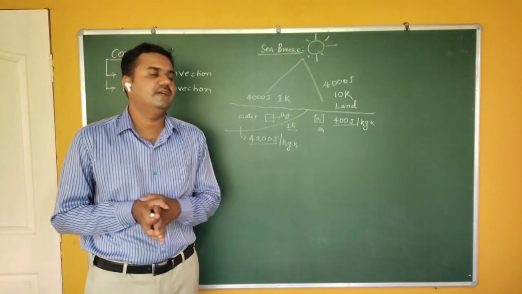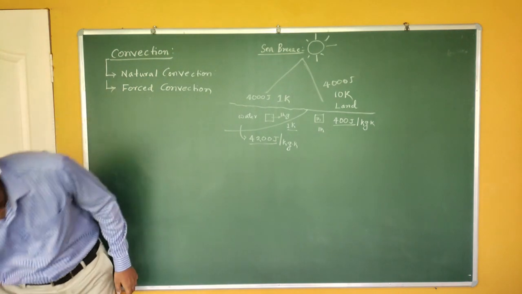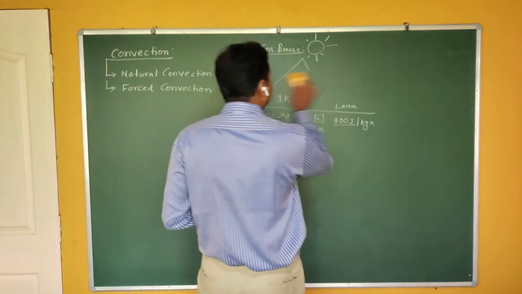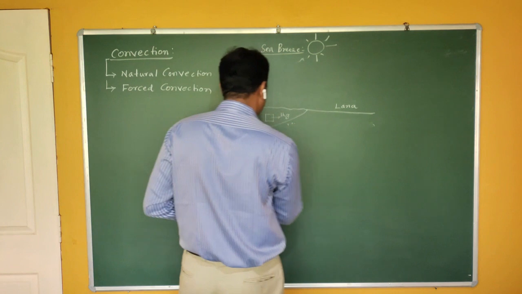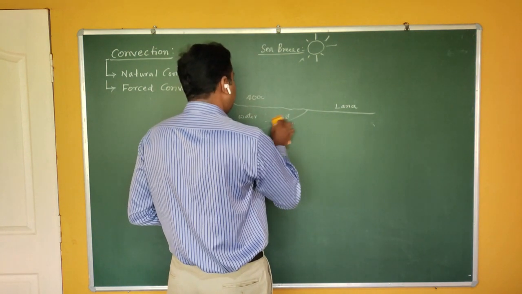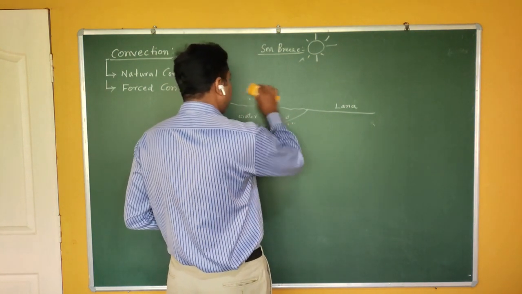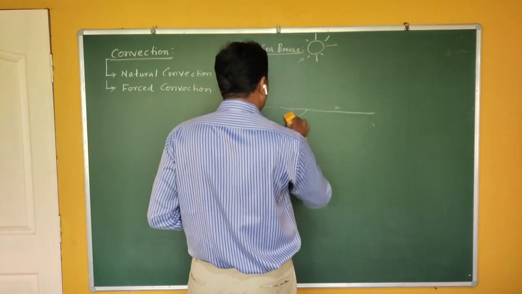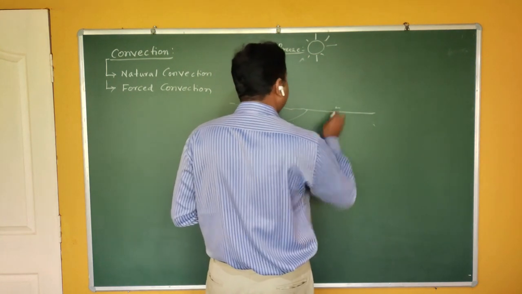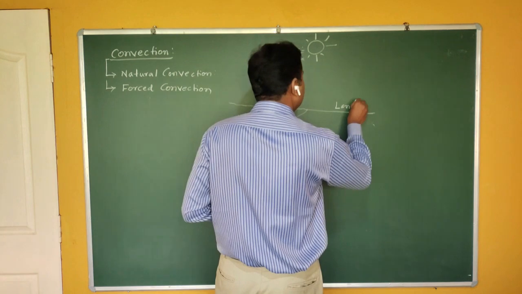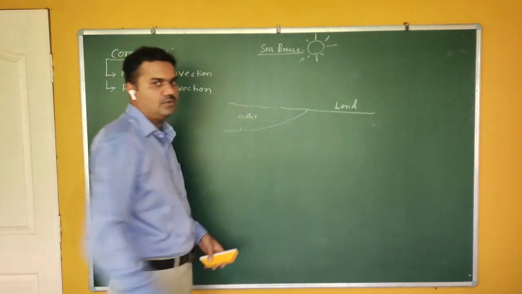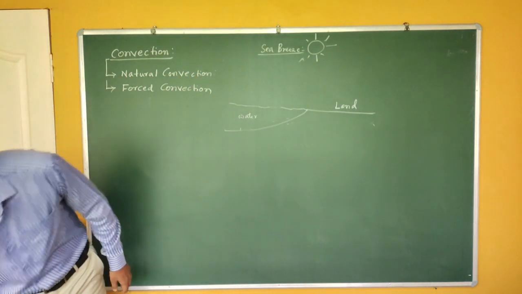The specific heat is responsible. So during the daytime, land is hot compared to water. So water is the cold body, and land is the hot body here.